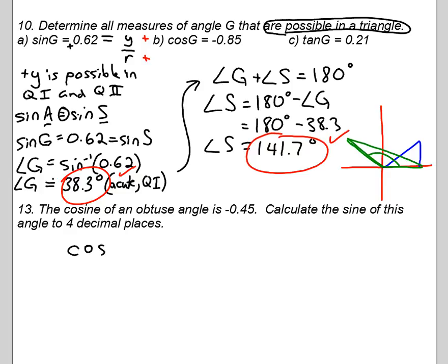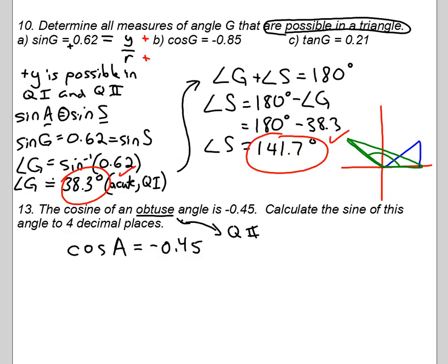We don't know the angle, let's just call it angle A. Cos of A is negative 0.45. Now take note it's an obtuse angle. So an obtuse angle means it's in quadrant 2 as far as we're concerned. That would be the only location that we know of where an angle could have a cosine of negative 0.45. There is another location, but not between 0 and 180 degrees.